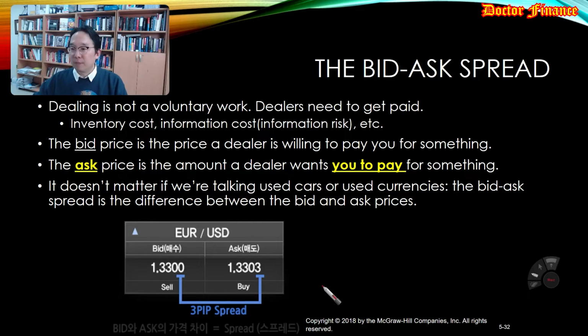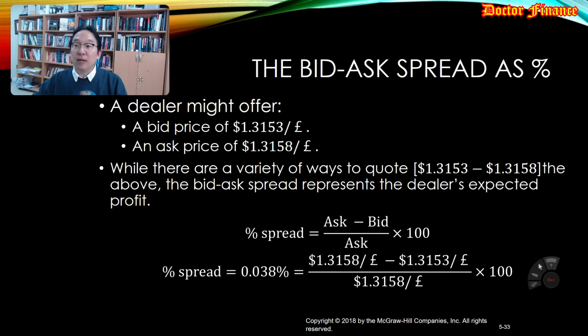Now, let's move down. The dealer might offer a bid price of $1.3153 per pound, and then when they sell pounds to you, they will be applying an ask price of $1.3158 per pound.